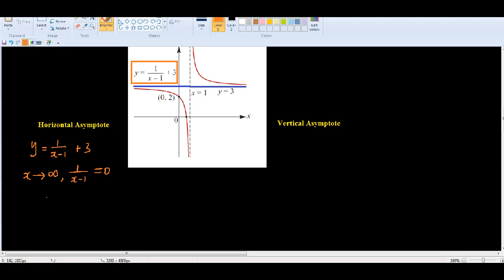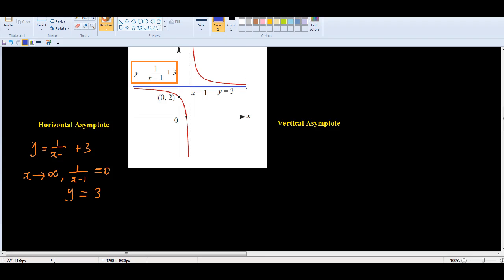That makes sense, because you see there's 1 over a number. When that number becomes very big, 1 over x minus 1 equals 0. So what happens to y? y equals 3. Therefore, y equals 3 is the horizontal asymptote.